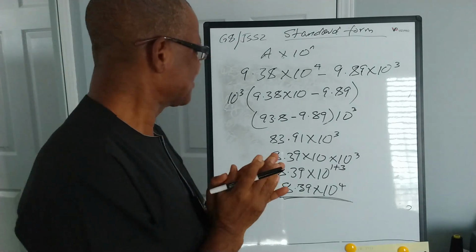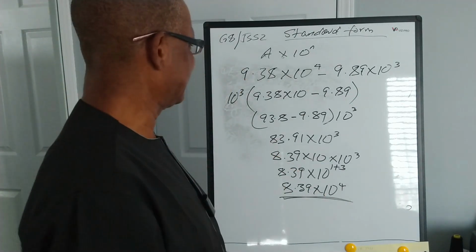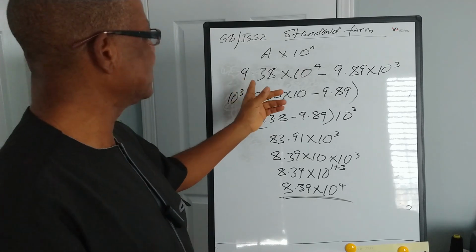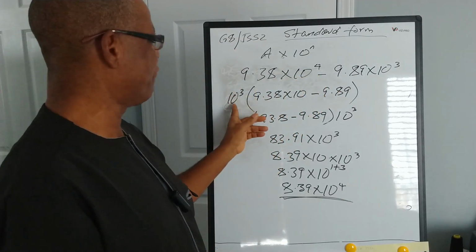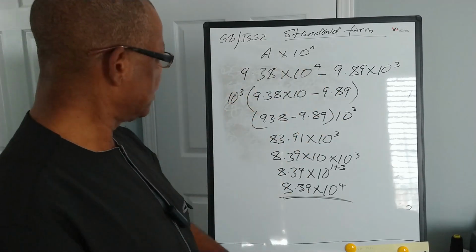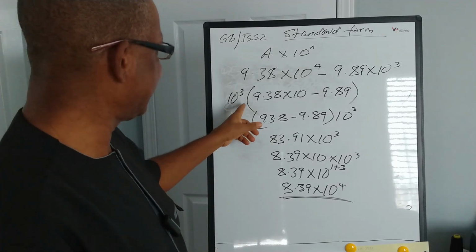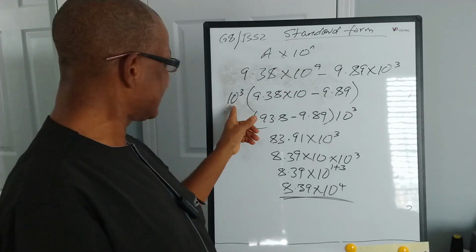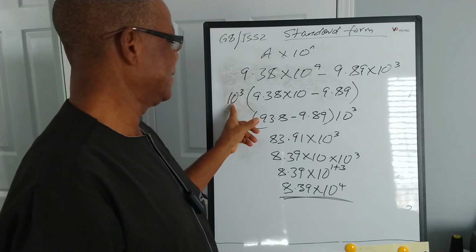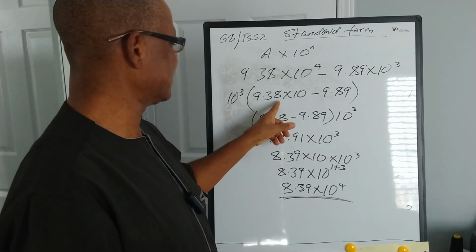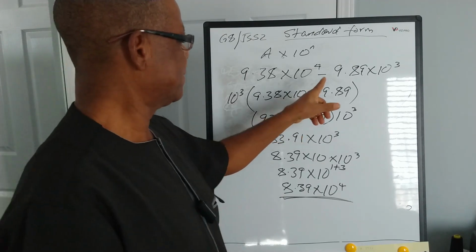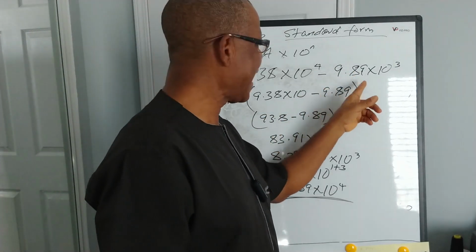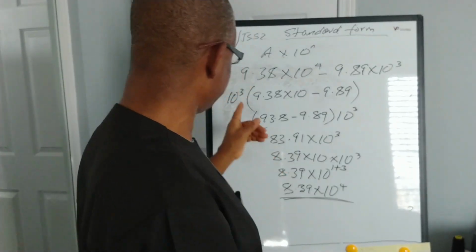You bring out the common factor and then you divide whatever you are given by the common factor. What we actually did is we said 9.38 times 10 raised to power 4 divided by 10 raised to power 3. That has given us 9.38 times 10. And minus 9.89 times 10 raised to power 3 divided by 10 raised to power 3.